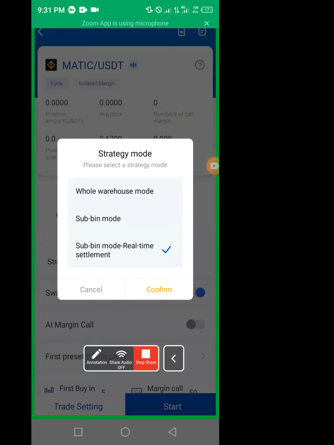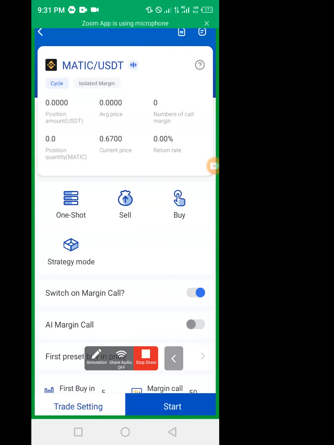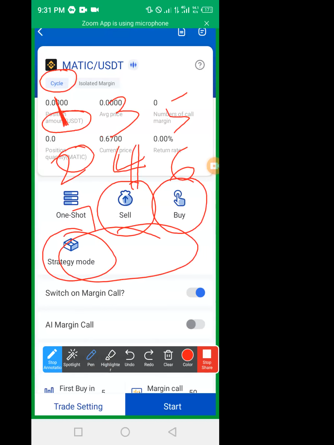Okay, I think we have understood that one. I want to move further, and then we look at switch on margin call limit, switch on margin call. There is this feature which is still new. When they made the update of the application last week, they added this one, and we are still trying to use it, and then we get to understand how exactly it works.